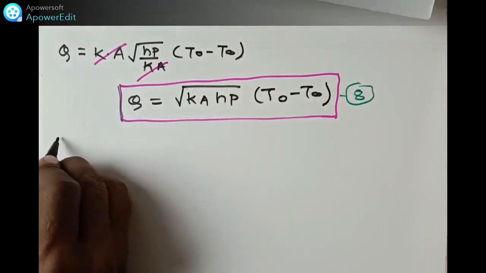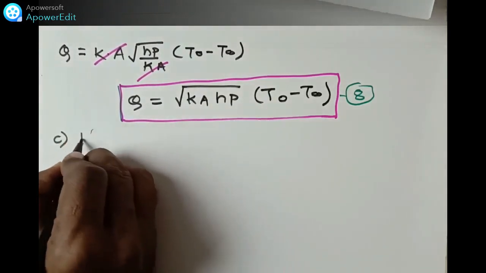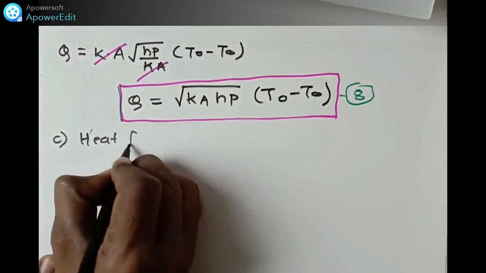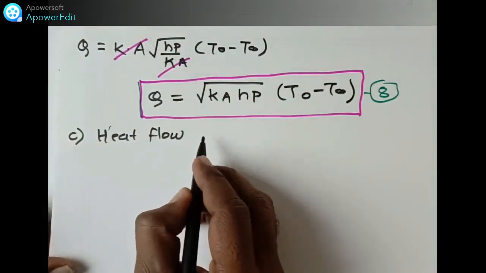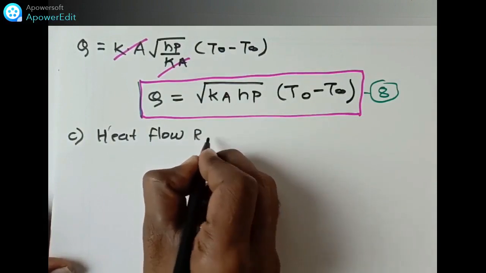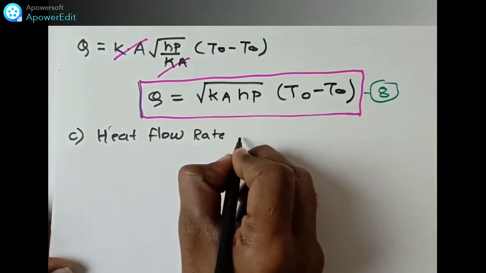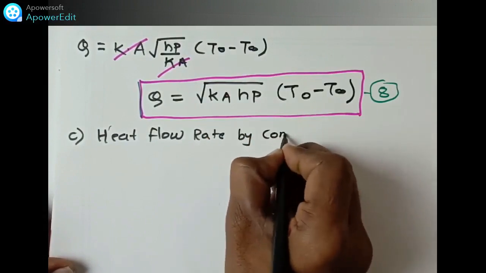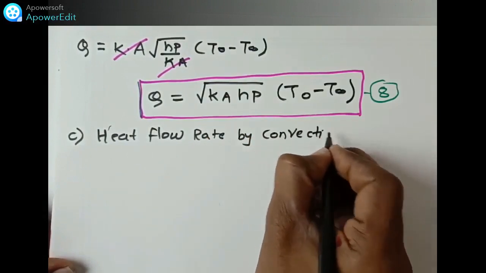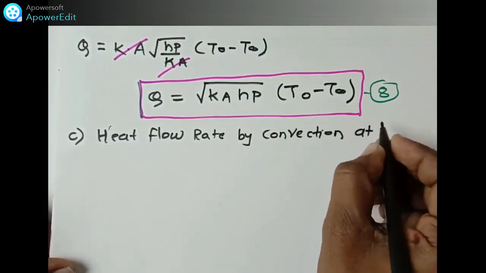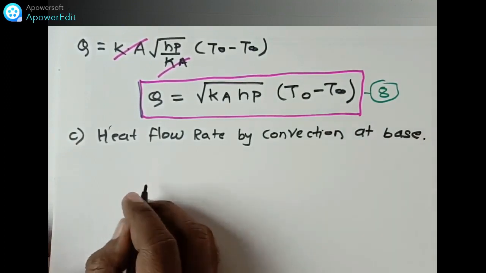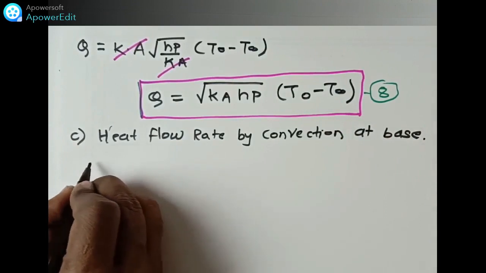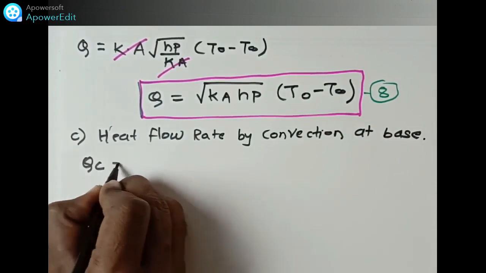Now part C, heat flow rate. Heat flow rate by convection at base of fin. So that will be QC.